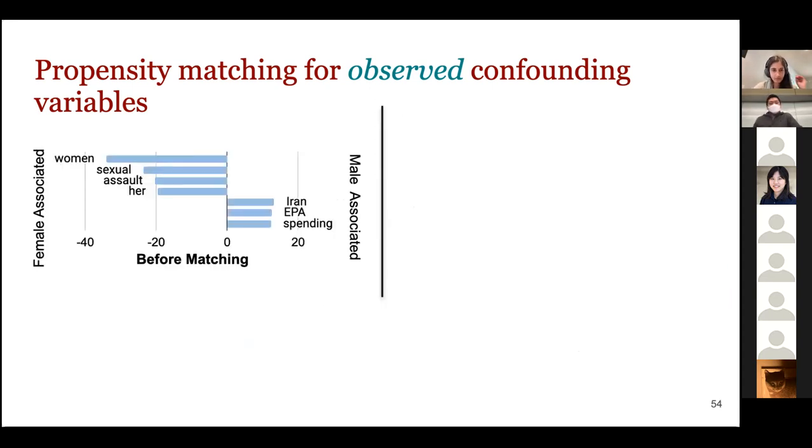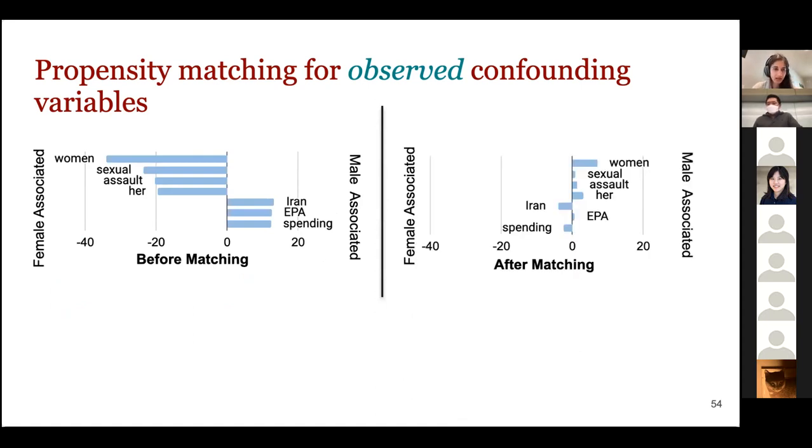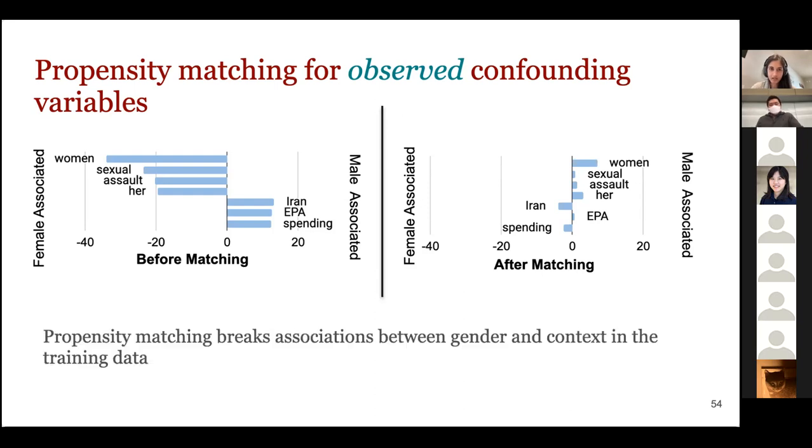And so when we do propensity matching over a data set, we can see that over a newly balanced data set, we no longer find these words as associated with posts made by male or female politicians in our training data set. So we've broken that correlation between context and gender. This is the way that we prevent the model from learning features that are predictive of preceding context when we're trying to train it to predict gender.